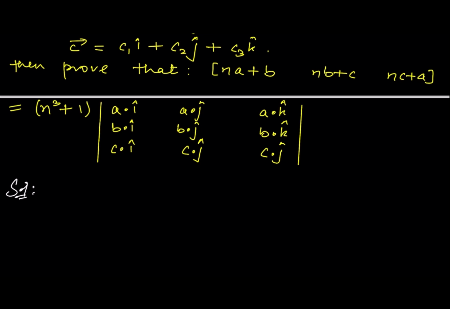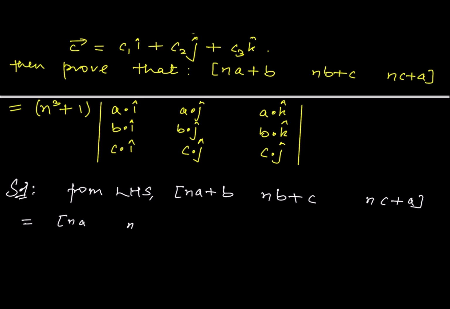Now start with LHS. So that is box of nA plus B, nB plus C, and nC plus A. Now using property, this box can be written as box of nA, nB, nC plus box of B, C, A by splitting.